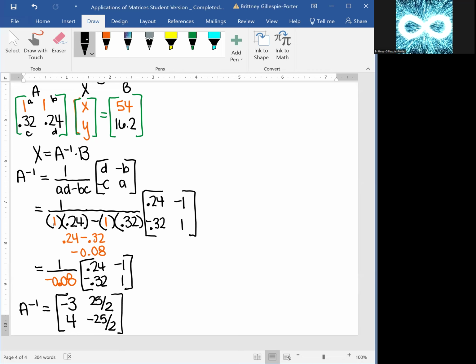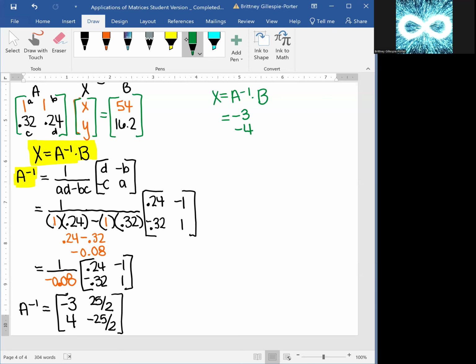Now that we have A inverse, so that was the first step. We found A inverse. Now we can actually do the multiplication to solve the problem. So we said that X was equal to A inverse times B. We just found A inverse as negative 3.